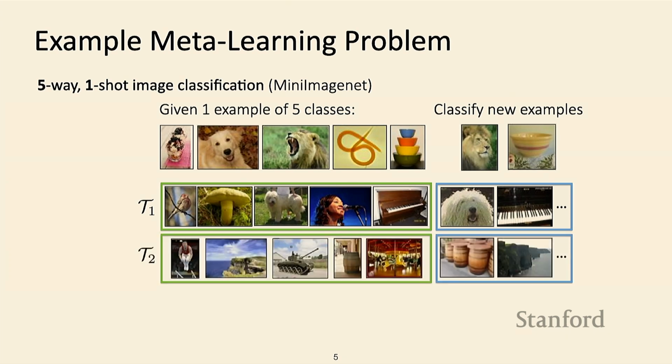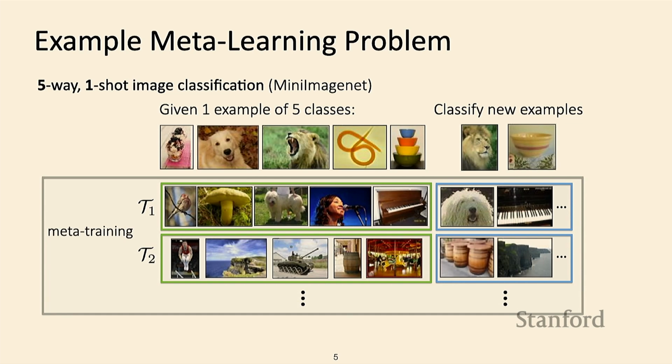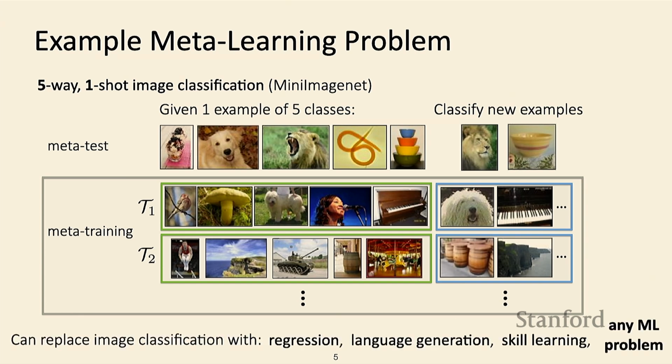And so these were our training tasks, and we perform meta training on these tasks because we're trying to learn how to quickly learn each of these training tasks such that when we're given a new task at meta test time, we can quickly learn that task. And this was an example in image classification, but you can also replace this example with other machine learning problems.